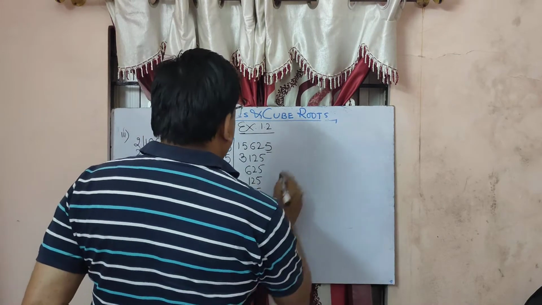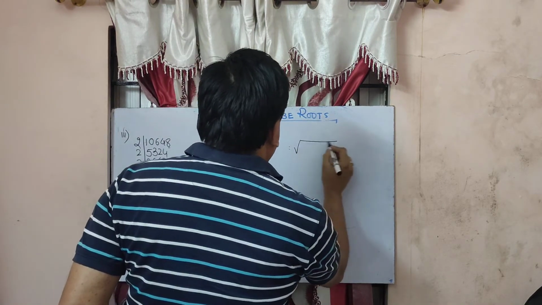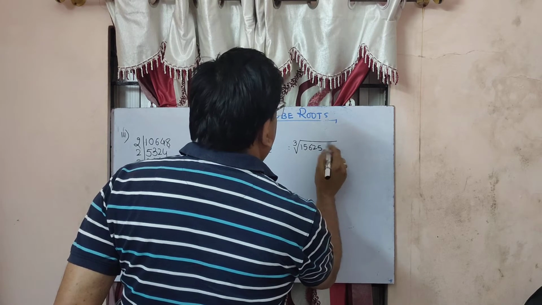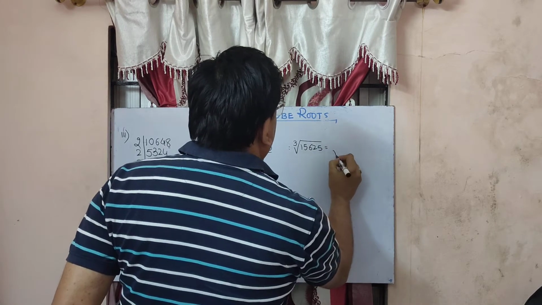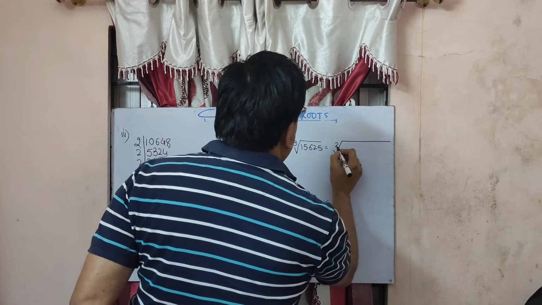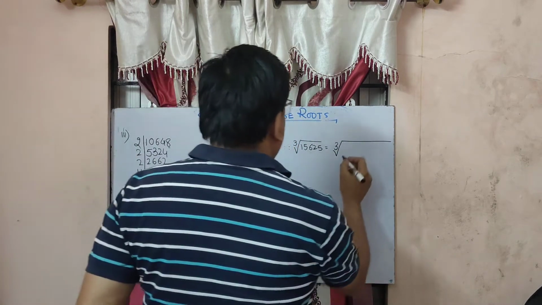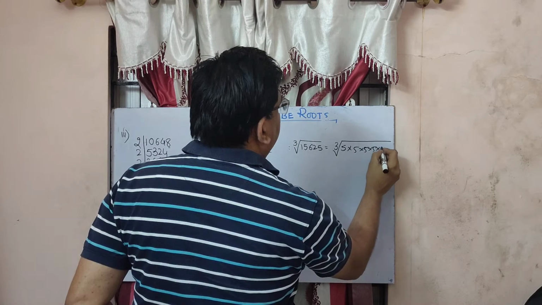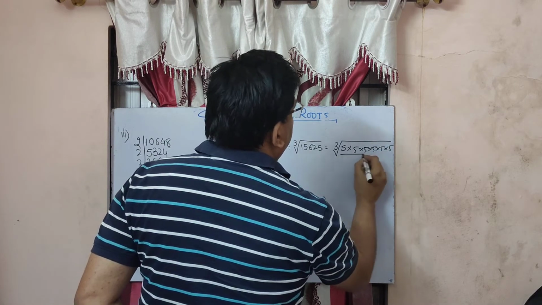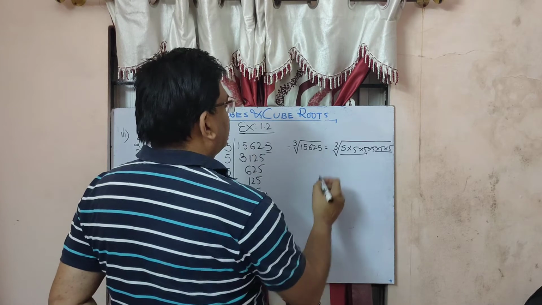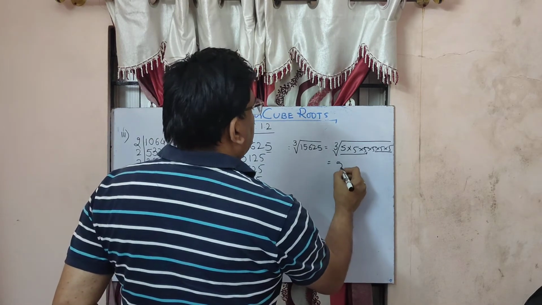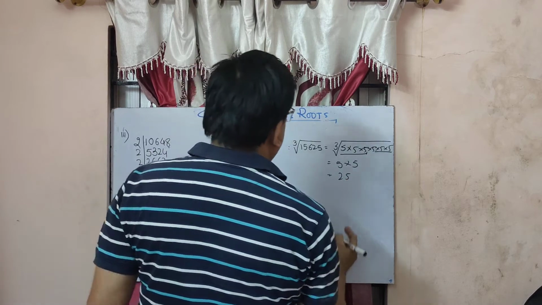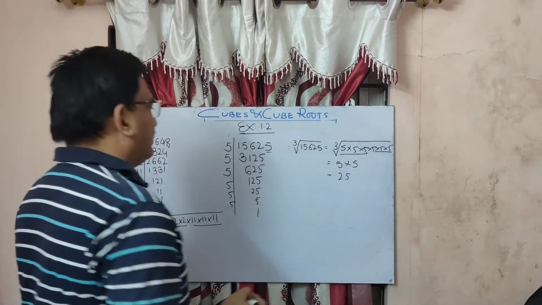The cube root of 15625 is equal to the cube root of 5 into 5 into 5 into 5 into 5 into 5. Now group it three in a group. So 5 taken out, 5 taken out. 5 fives are 25 is the cube root of this number.